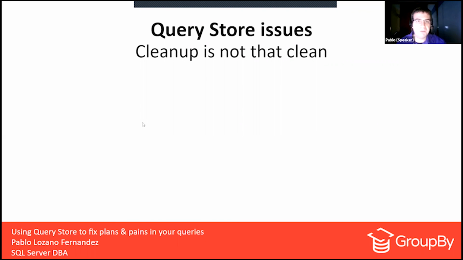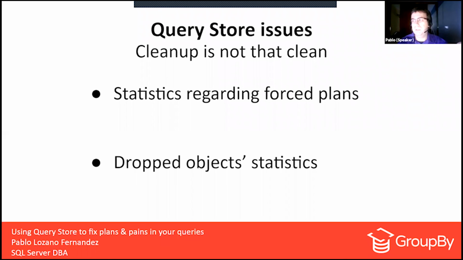And also, Query Store is not that clean. There are at least 2 things so far that I found that Query Store will not clean up, even when you're using the size-based or the date-based cleanup: statistics regarding forced plans and dropped objects. When you force a plan, no matter what, that plan will never be deleted automatically unless you force the deletion of that particular plan.